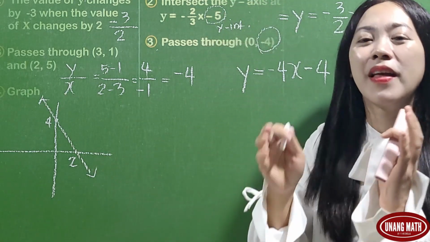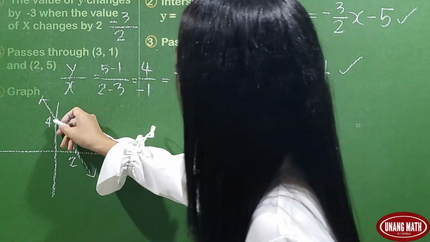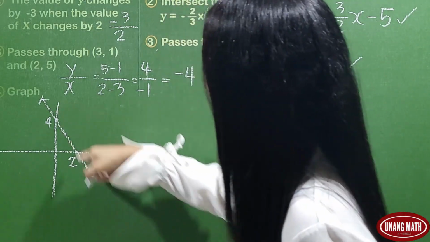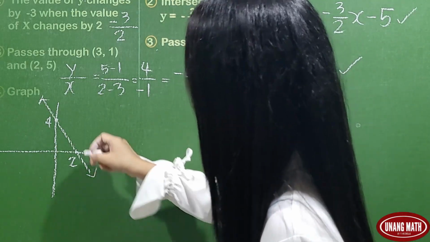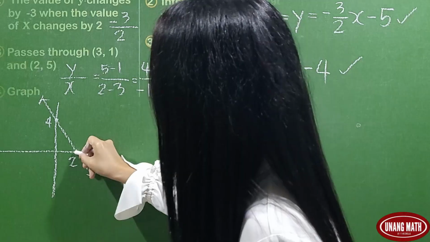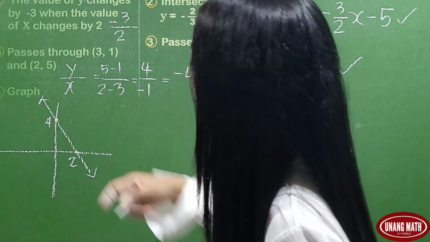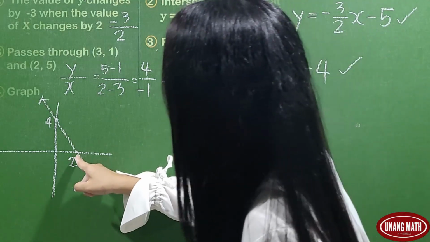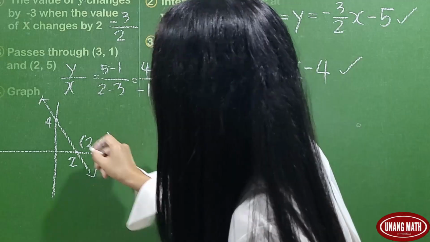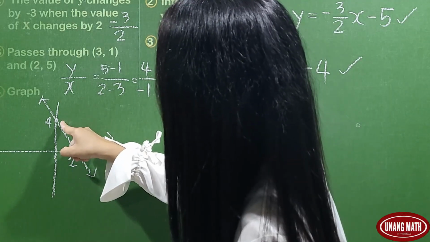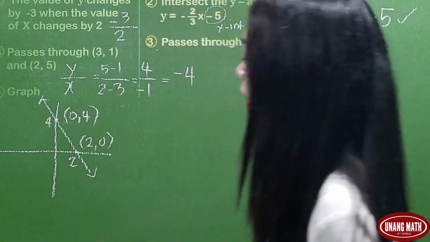So it means the slope is a negative number. But how do we find the slope of this graph? Since this graph passes through this point, this is our x-intercept, and this is our y-intercept. So the x-intercept has coordinates (2, 0). What about the y-intercept? It has coordinates (0, 4).